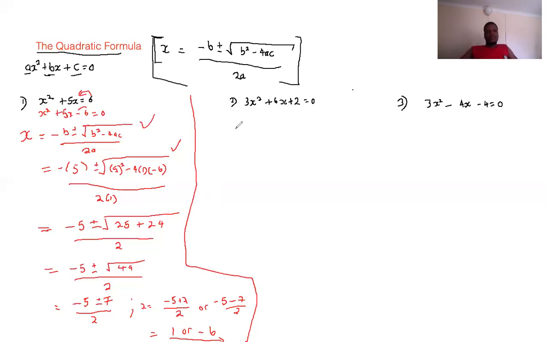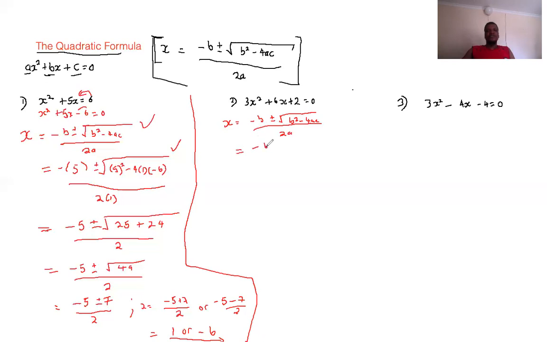Okay, so let's do this one quickly. We write the formula first. x is equal to negative b plus or minus the square root of b squared minus 4ac all over 2a. Then what is our b?